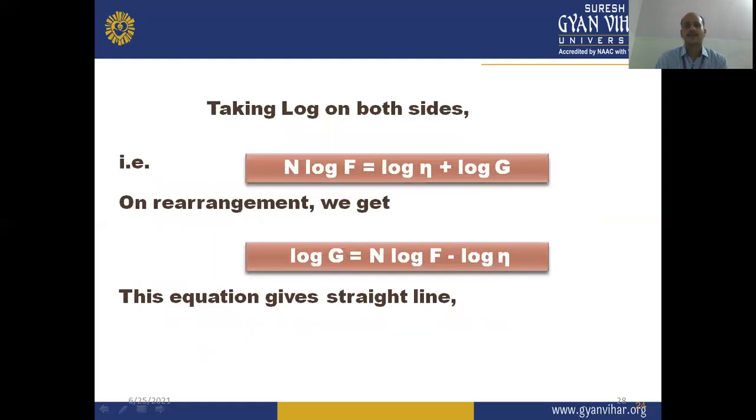So when we take the logarithm on both sides, N log F equal to log eta plus log G. And when we rearrange this equation, we can obtain a straight line equation like log G equal to capital N log F minus log eta, where G is the rate of shear and F is the shearing stress. Eta is the viscosity. So when we compare with y equal to mx plus c, which is the straight line equation, we can plot a graph and obtain a straight line with the slope and intercept value.